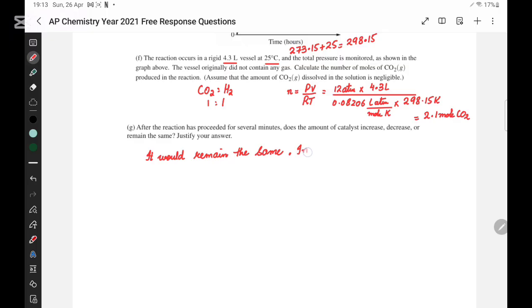So we can write that in a catalyzed reaction, the net amount of catalyst remains the same.